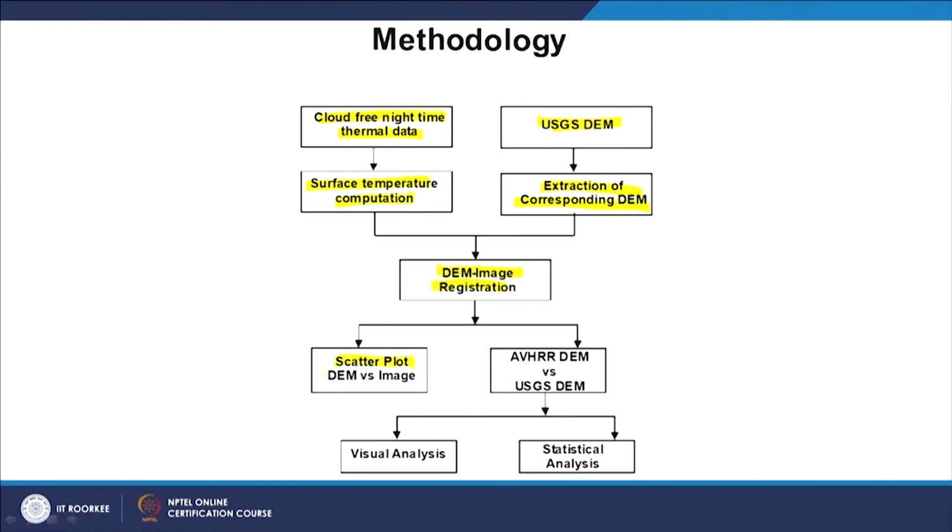If you want to see the results and compare the DEM and image, you have to plot a scatter plot to find out a relationship, which I will show you, and then you can further study the AVHRR and DEM generated from two different techniques. You can do a visual inspection or visual analysis, and of course, one can also perform statistical analysis.